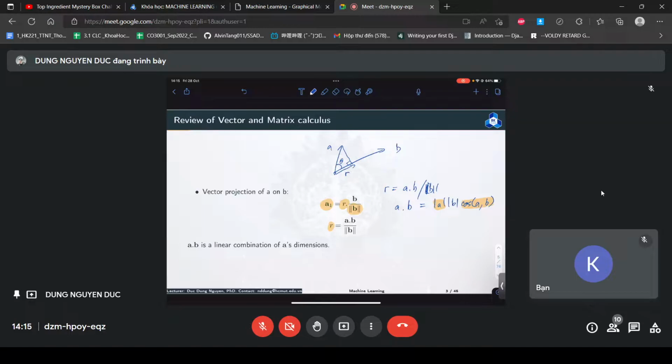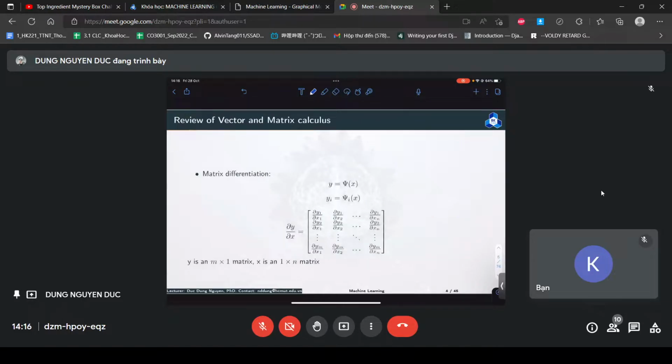And A1 is the vector along the B direction. Therefore, you have R multiplied with the normalized vector B.